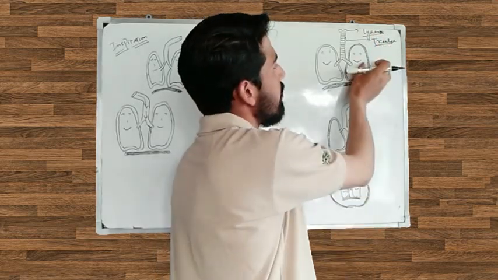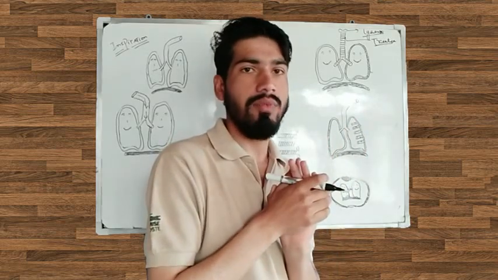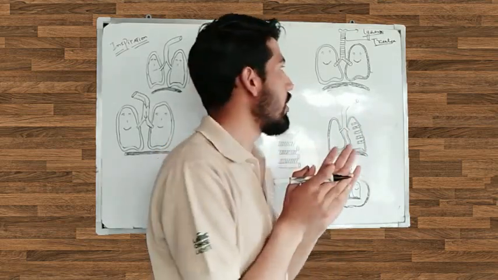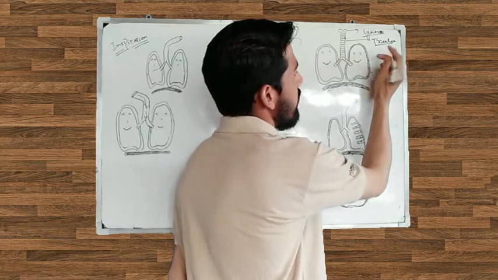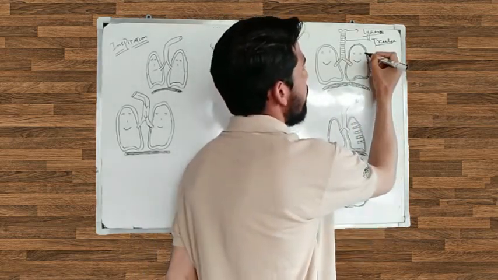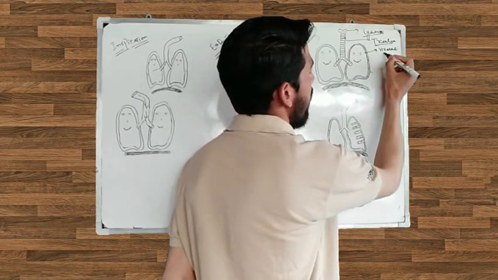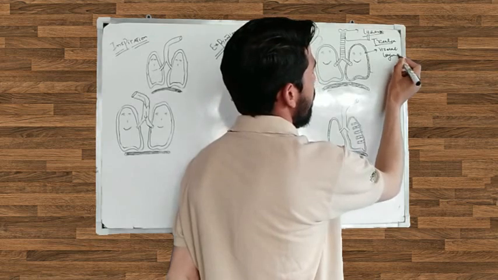Now we talk about the layers present in the lungs. What are the names of these layers? The first layer, the inside layer of the lungs, is called the visceral layer, or visceral pleura.